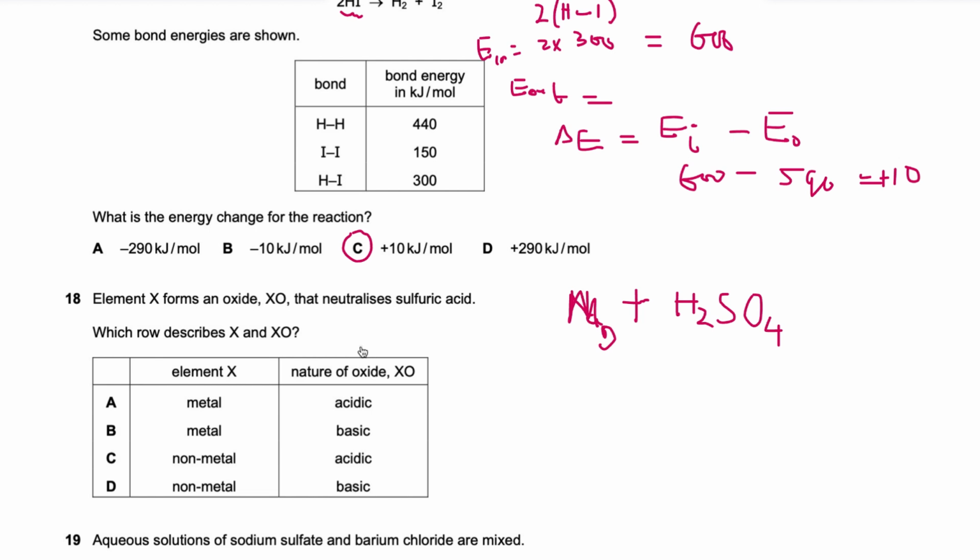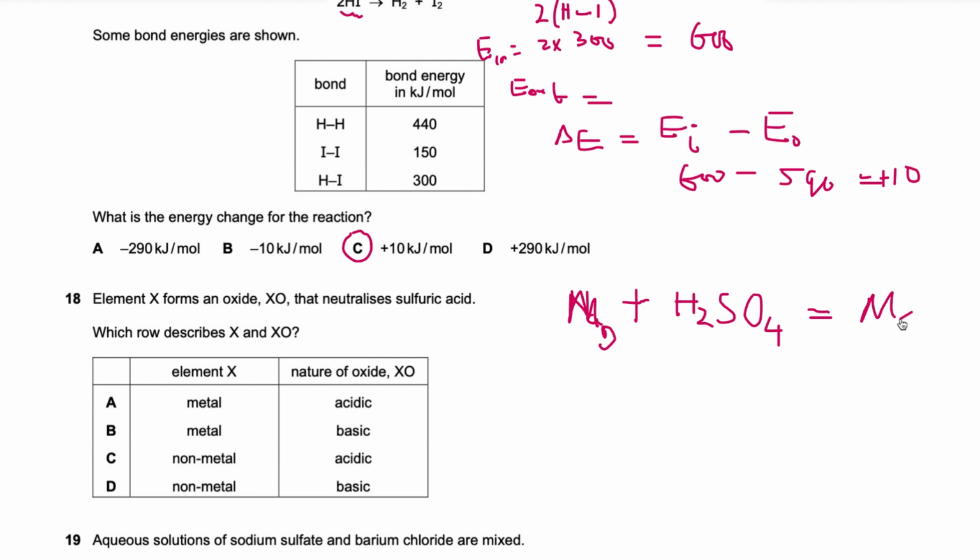So element X is a metal, and what you're going to get for this one will be basic, like magnesium hydroxide. The oxide will be magnesium oxide. If you react with O, it becomes magnesium oxide.